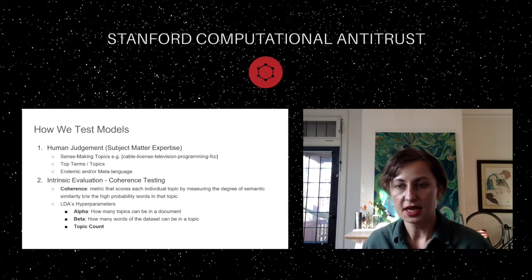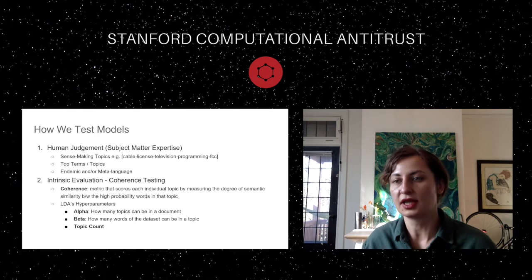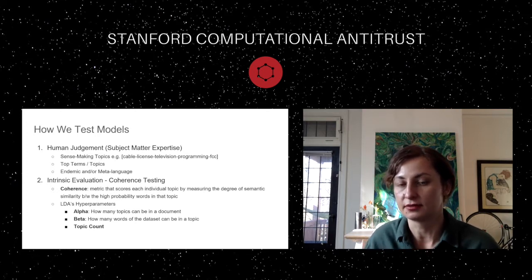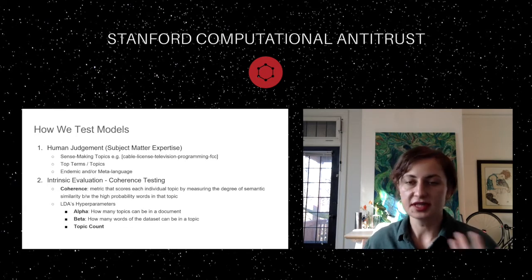There's the actual analysis of the models itself, but there's also the evaluation of the model's sense-making ability. Before we really get into the meat of what the model is telling us, we have to assess whether it's doing its job in a sense-making fashion. So this is our first step. It's just a human eye.